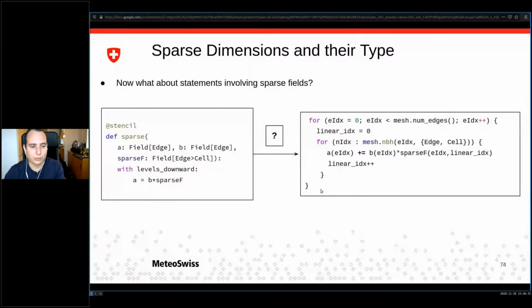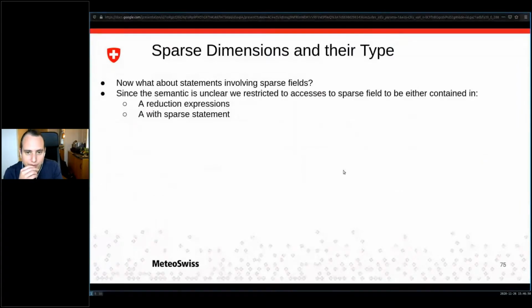So maybe the user implied that this should be summed up in the sparse field, but then the sign here doesn't reflect anymore what's written in the code. So this is clearly a too horrible idea to entertain. So that's why we restricted sparse fields in the sense of where they can appear.